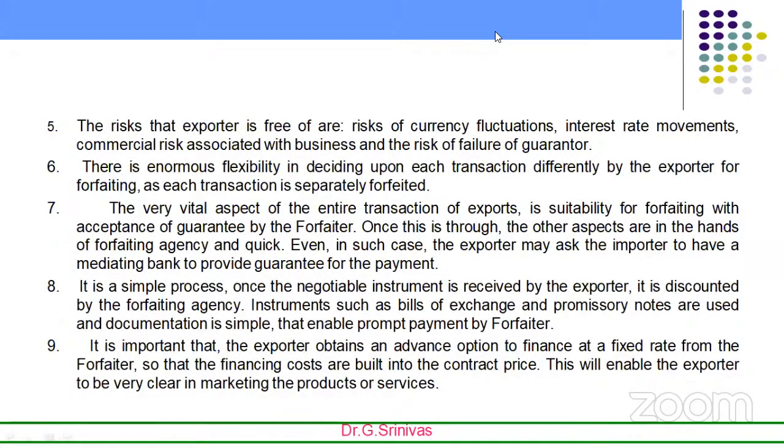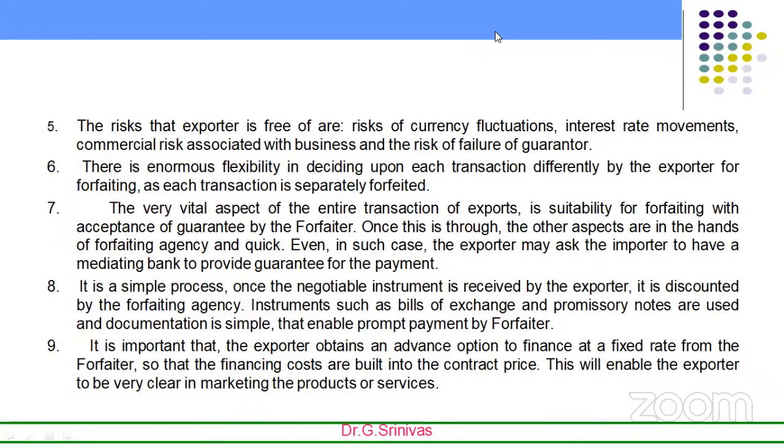Then the next advantage is the risks that the exporter is free from: risk of currency fluctuations, interest rate movements, commercial risk associated with business, and risk of failure of the guarantor. So the exporter is free from all the risk, including currency fluctuation risk. For example, on the selling date, the currency rate is some 70 rupees or 80 rupees. After 2-3 days, the rate falls to like 40 rupees or 30 rupees.